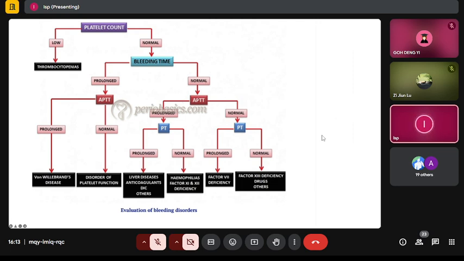With a prolonged APTT, we will think of hemophilia, hemophilia A or B. Then if it's still prolonged, we will do the factor assay level. Okay. Any questions so far on the investigation?